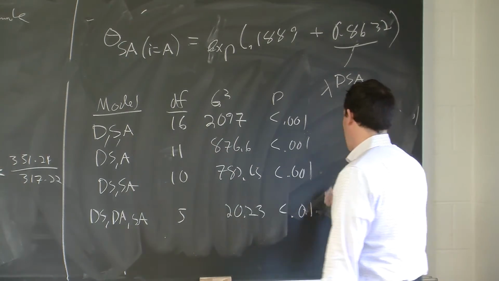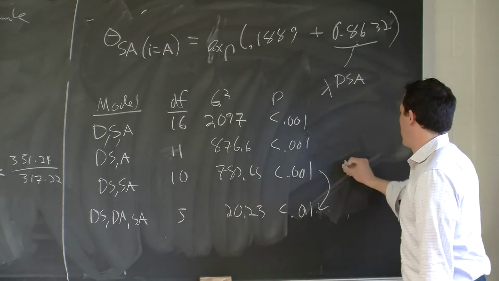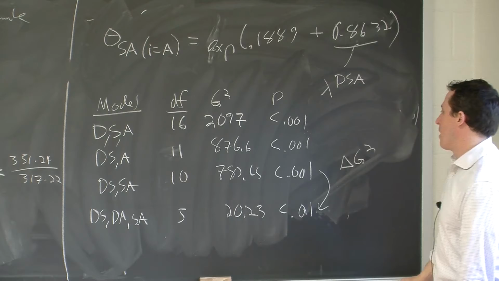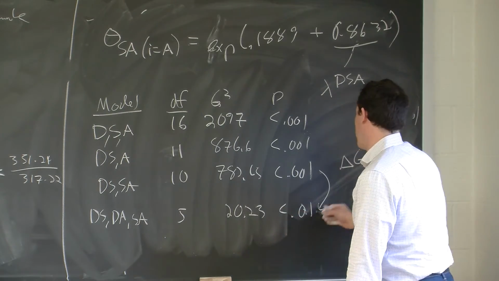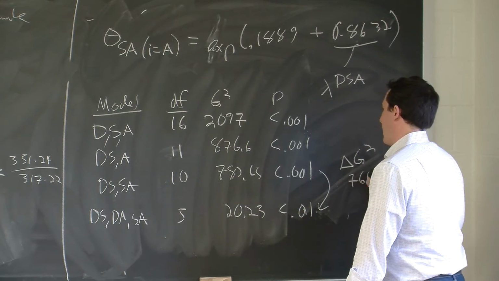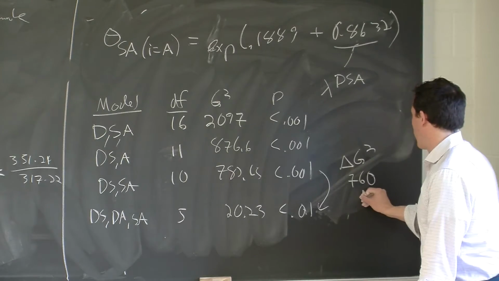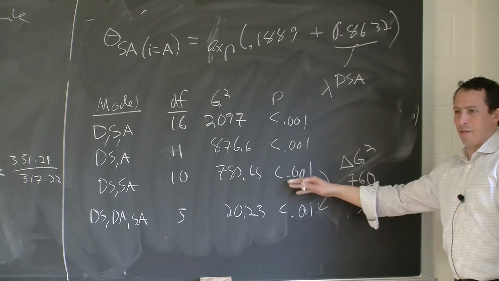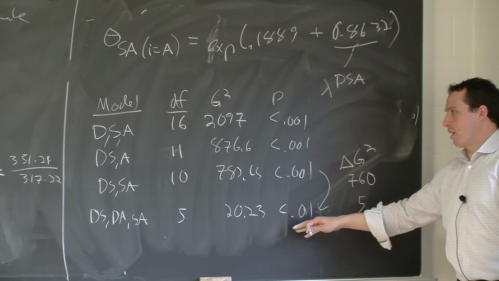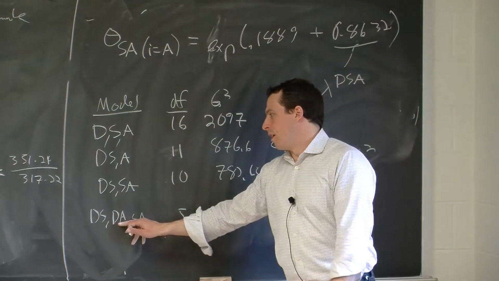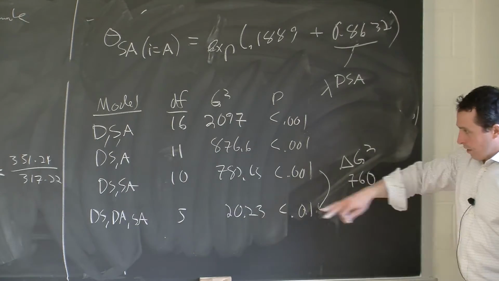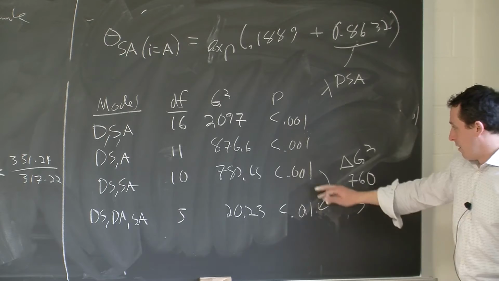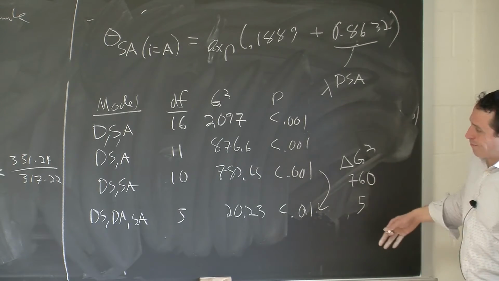And you can do that question formally by looking at the delta G squared here. There's about a 760 change in G squared, and that's only on 5 degrees of freedom. So certainly we can say that the gain that we get from adding the homogeneous association term, the DA term, that makes this model go from conditional independence model to a homogeneous association model, is highly significant.